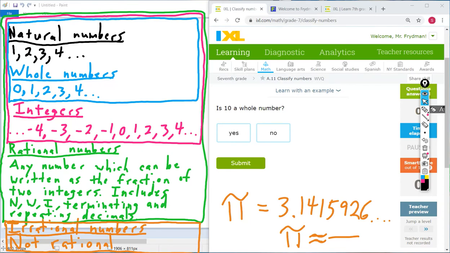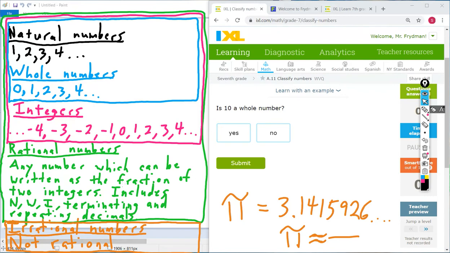All right, and finally, the irrational numbers here are completely separate. So if something is a natural number or whole number or integer or rational, then it is definitely not irrational. And if something is irrational, then it is definitely not a rational number, an integer, a whole number, a natural number.